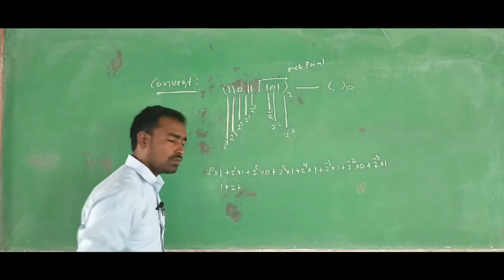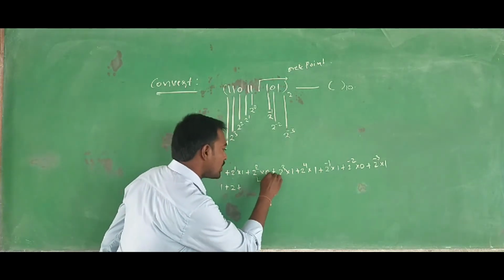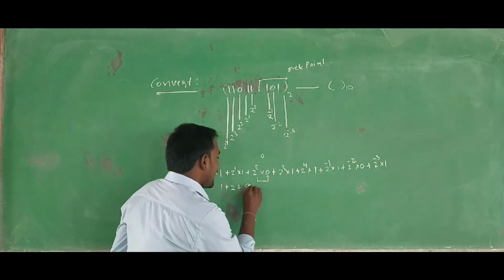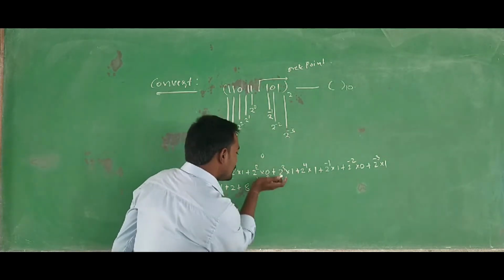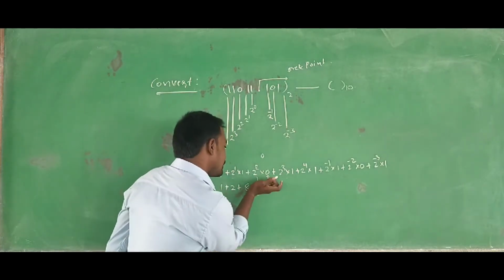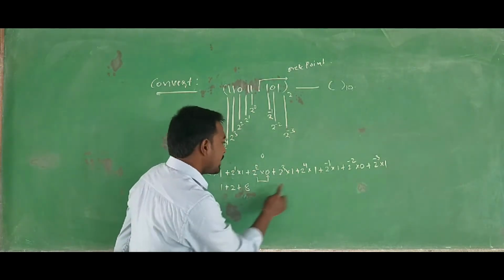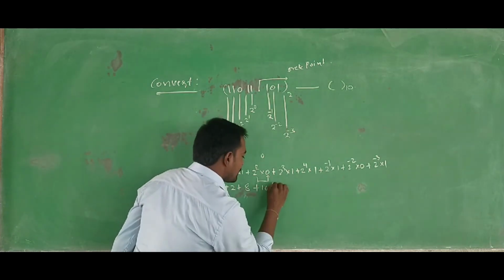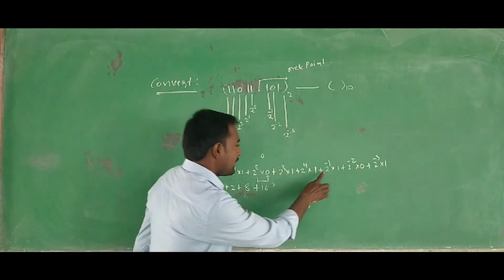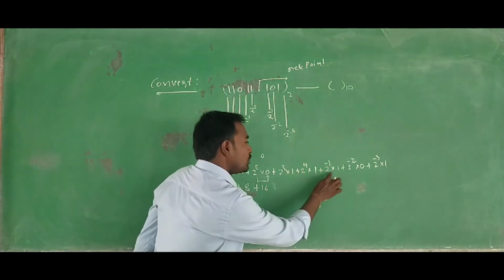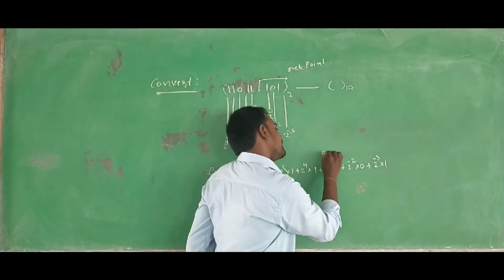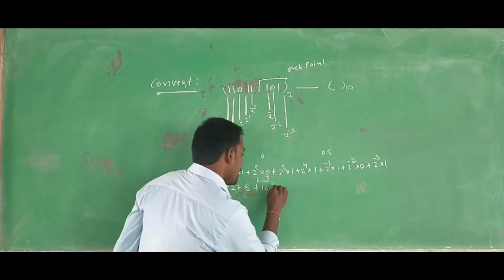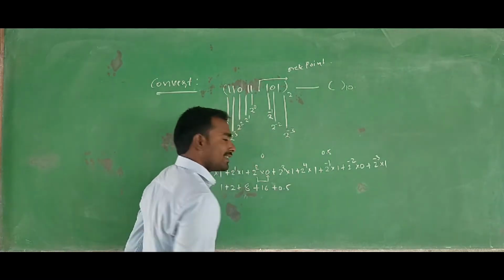Plus 2 square is 4, and 4 into 0 is 0. Then 2 cube is 8, and 8 into 1 is 8. 2 to the power of 4 is 16, and 16 into 1 is 16. After the fraction point, 2 to the power of minus 1 is 0.5, and 0.5 into 1 is 0.5.